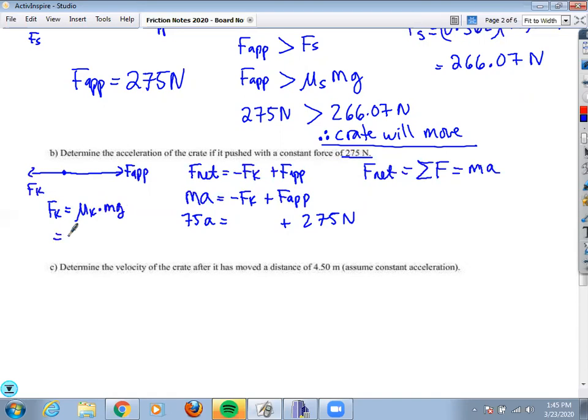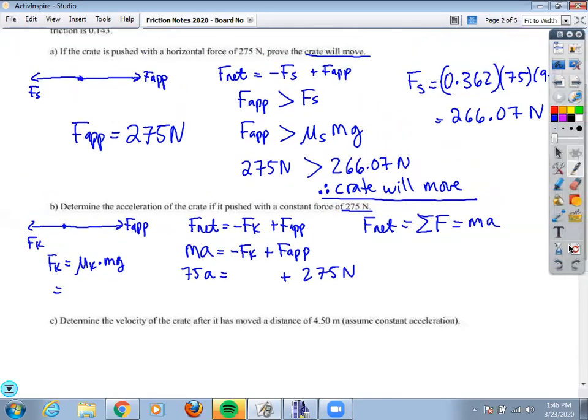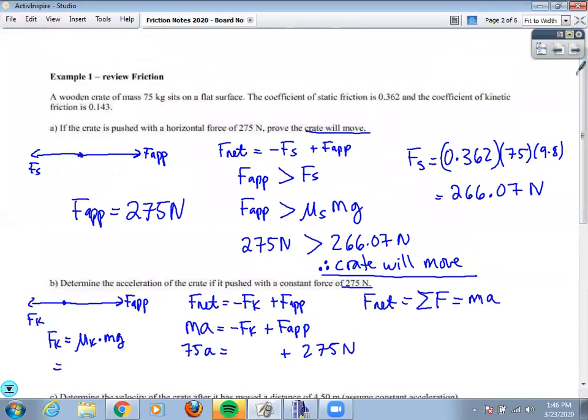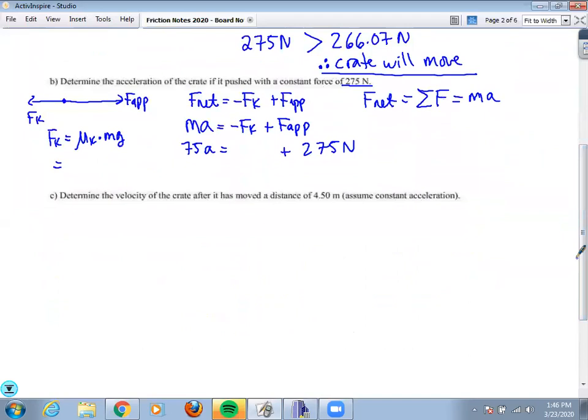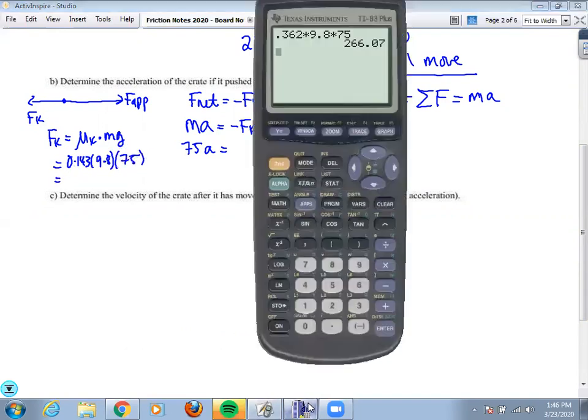So again, we go back up and we grab the proper coefficient, which is 0.143 for kinetic friction. So 0.143 times 75 kilograms times 9.8, and you get 105.105 newtons.